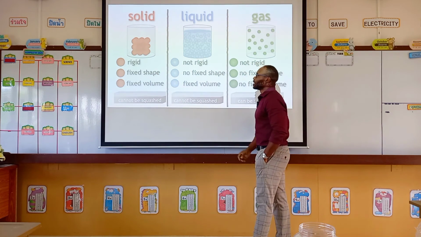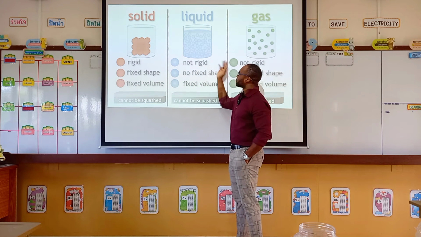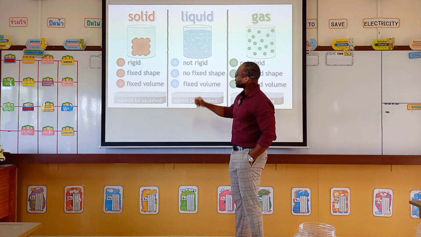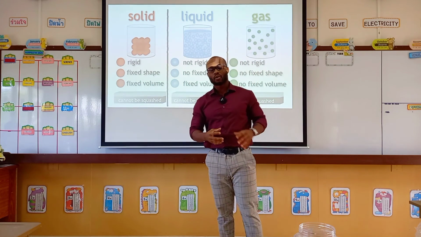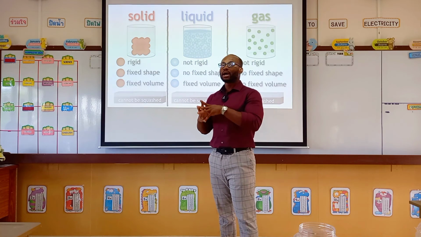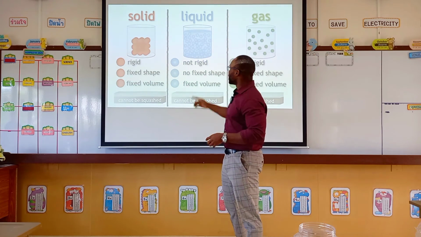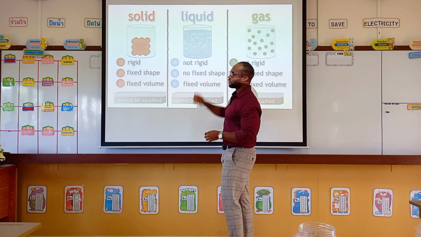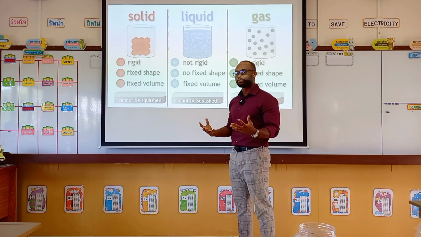Now, liquid. Liquid is not rigid, okay? And it has no fixed shape. So it doesn't have a fixed shape. If I pour water, or if I pour oil into the container, like I gave you an example before, it is going to take the shape of the container, meaning that it has no shape of its own.